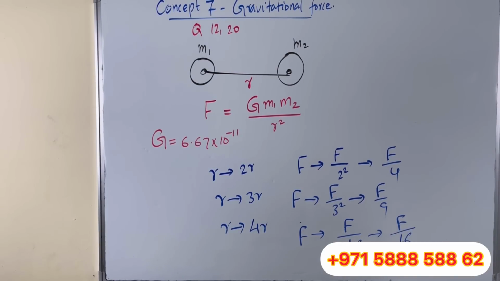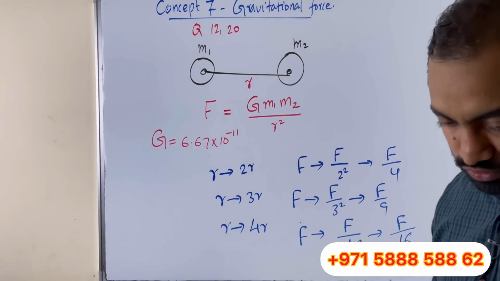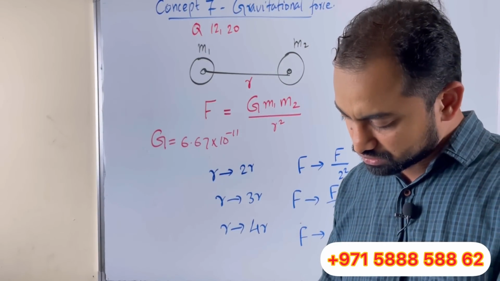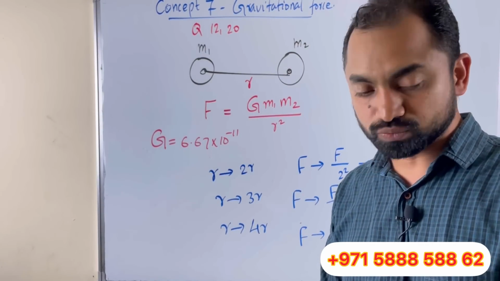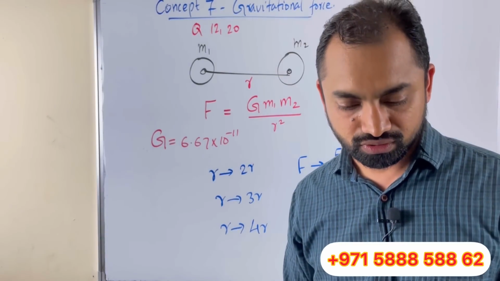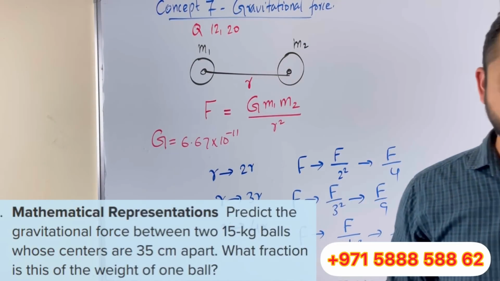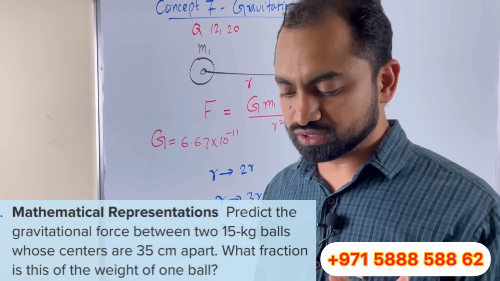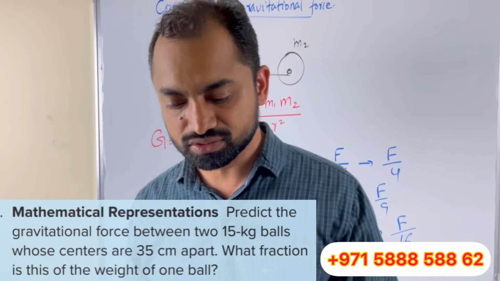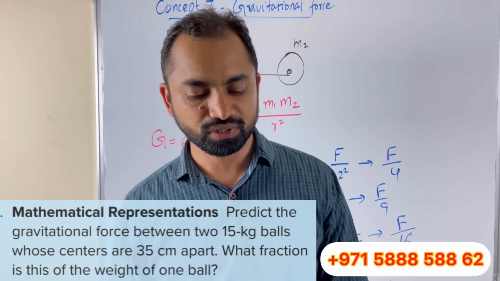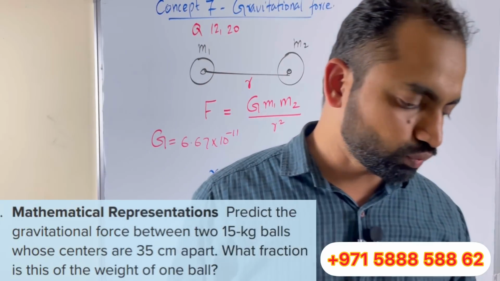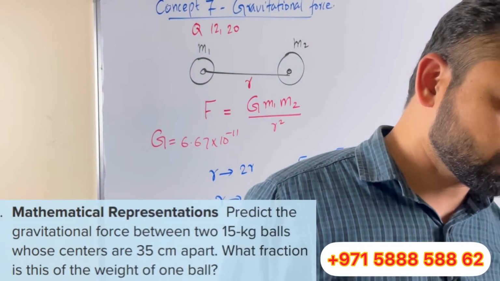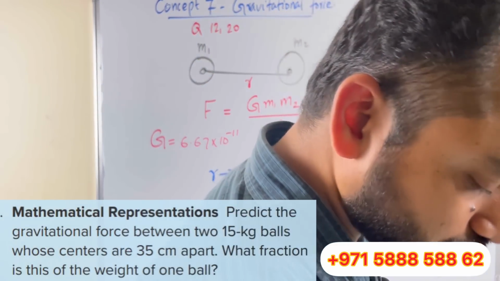Here we have question number 9 from page number 172 of the textbook. Mathematical representation: predict the gravitational force between two 15 kilogram balls whose centers are 35 centimeters apart, and what fraction is this of the weight of one ball.